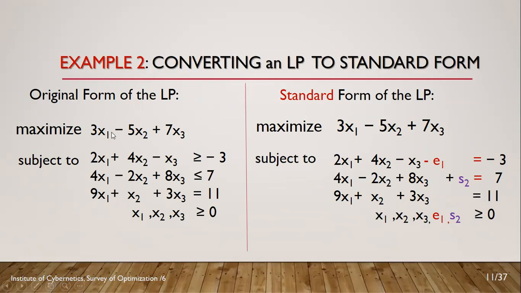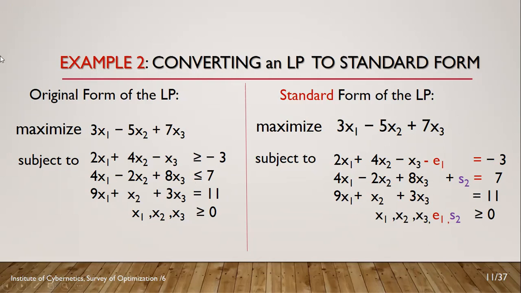The objective function is expressed with 3 decision variables, x sub 1, x sub 2, x sub 3, and the constraints are expressed by one greater than or equal inequality, then another less than or equal inequality. The third constraint is already an equation, and the last constraint refers to the non-negativity of the decision variables.